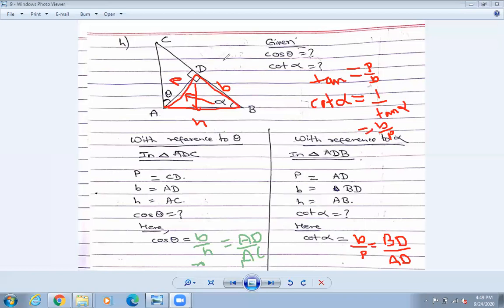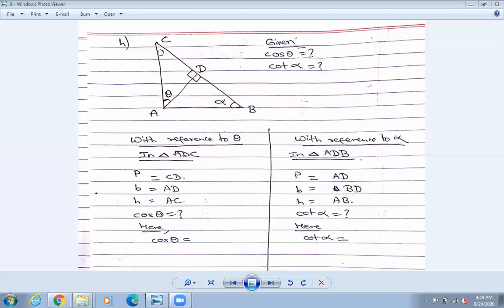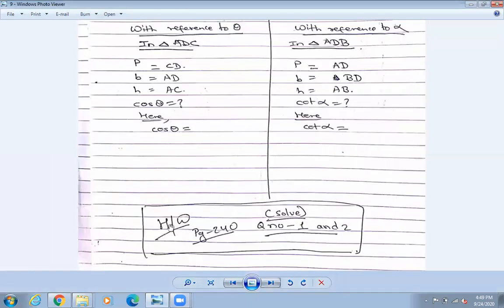So this much for today, and let me give a little bit of homework. Here you can see the homework on page number 240. Solve number 1 and 2 only; I have already done some.